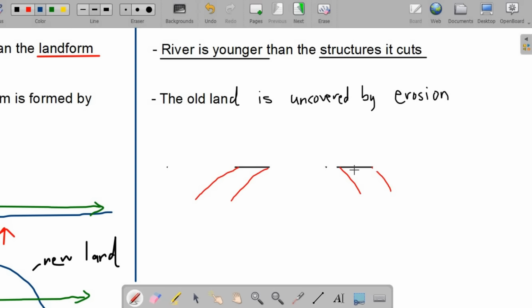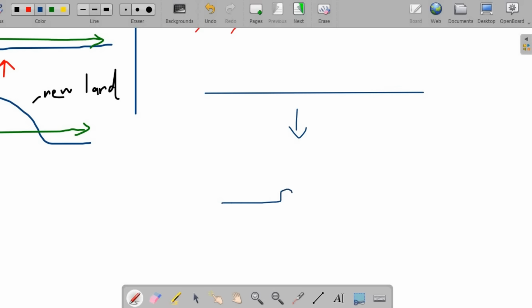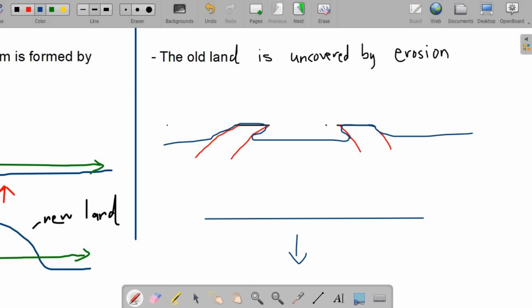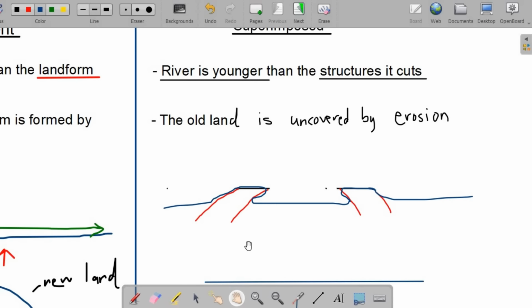Now you have something like, let's say these are hills or something like that. Now the land is lower because it was eroded, right? So it was something like that, and now it is something like that, with those hills there, right? So those hills were there before, guys, it's just that they were not exposed.